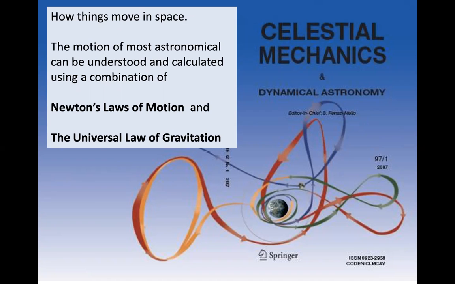So, in this presentation, what I want to do is continue to talk about how things move in space. In the last video, I talked about how the motion of astronomical objects can be understood using a few different sets of rules: Newton's laws of motion and the universal law of gravitation.